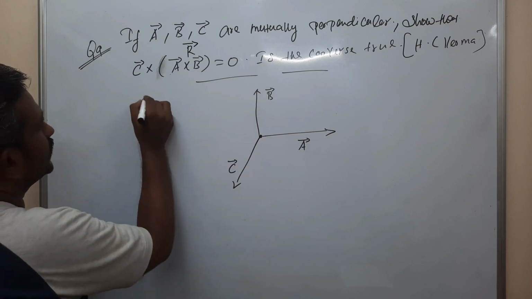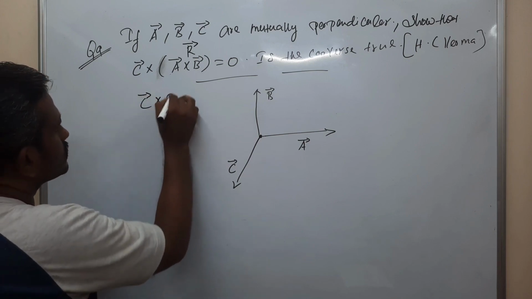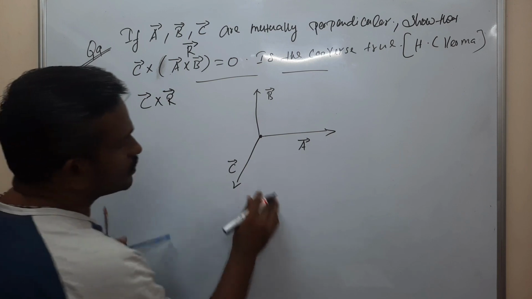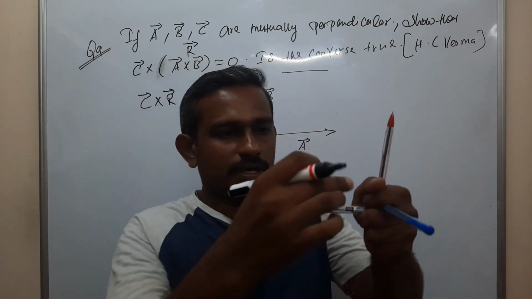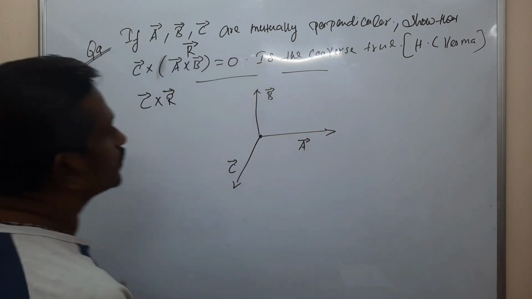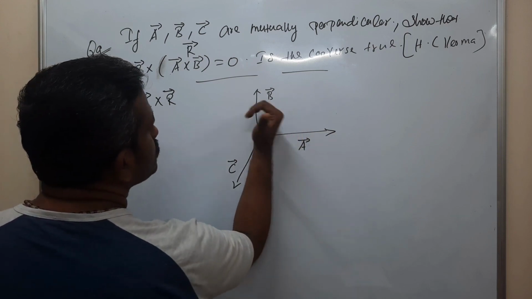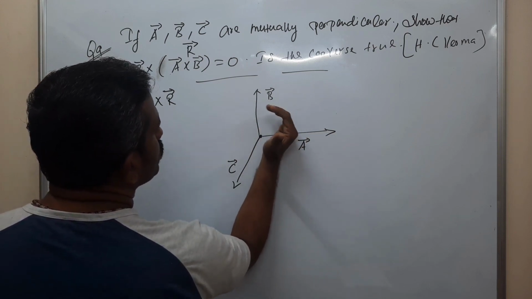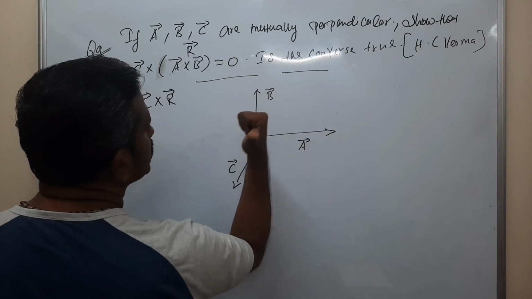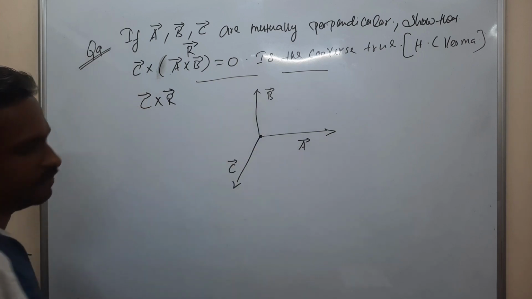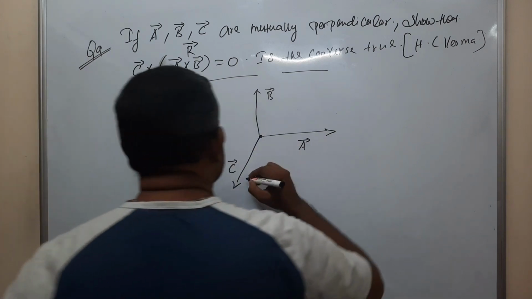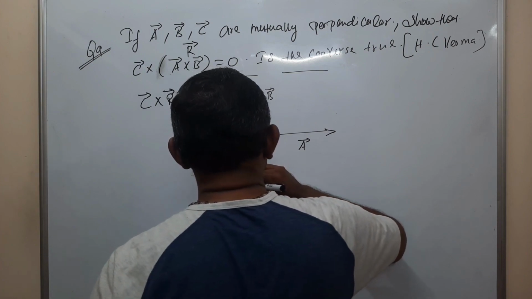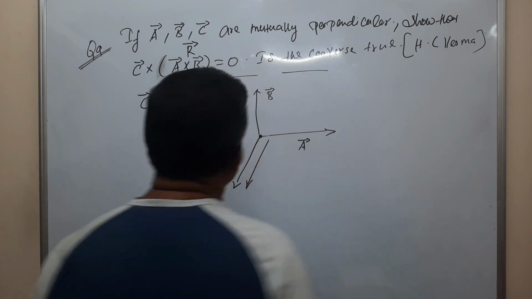Next we have to find C vector cross R vector. From the right hand thumb rule, A vector cross B vector, the resultant vector is in this direction, so it is along the C vector.